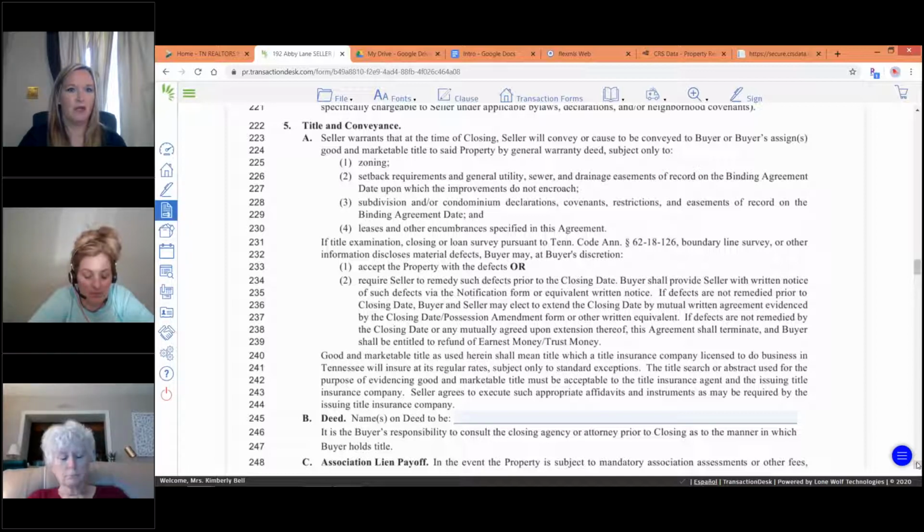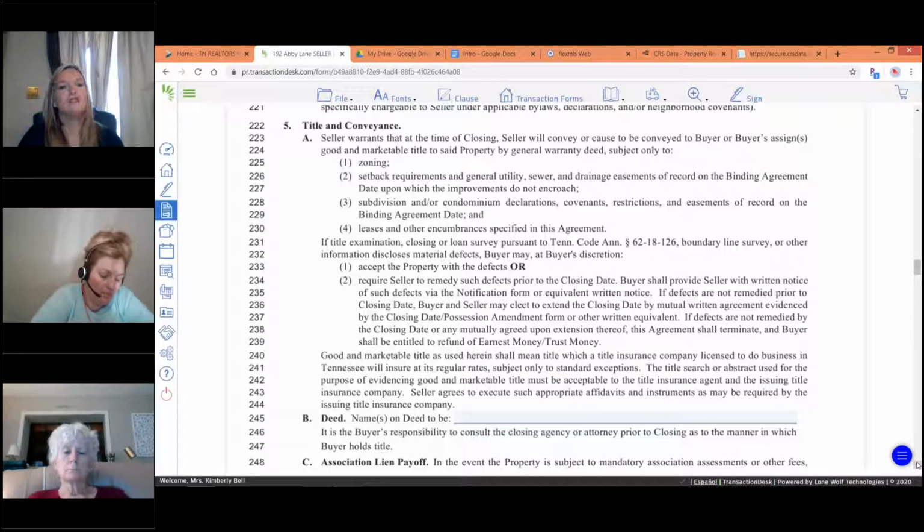And if we can meet all these, then we can be issued a warranty deed. If the title exam, closing, or loan survey pursuant to Tennessee code, boundary line survey, or other information discloses material defects, buyer may, at buyer's discretion, 1, accept the property with the defects, or 2, require remedy of such defect prior to closing.